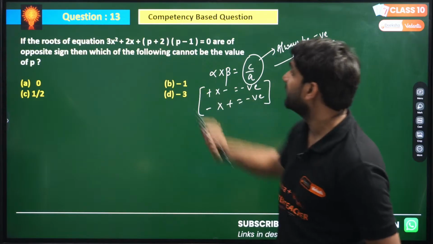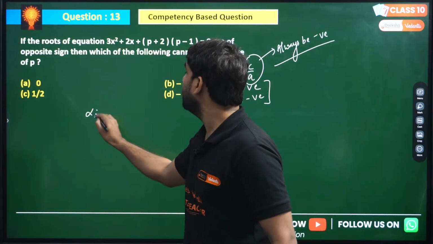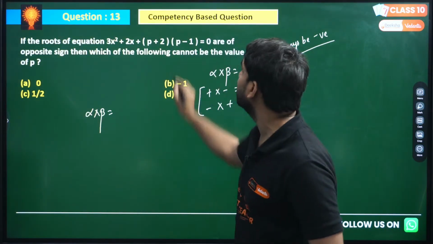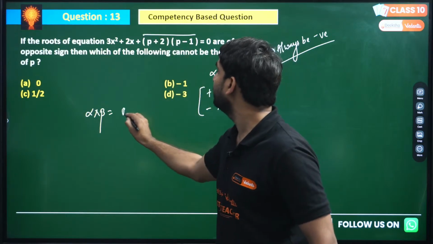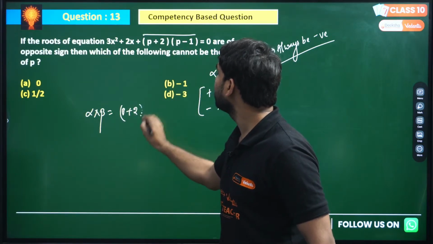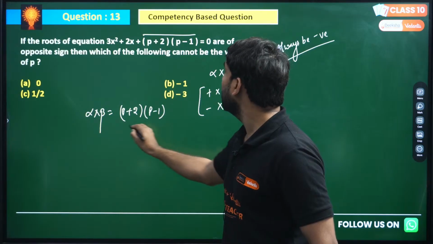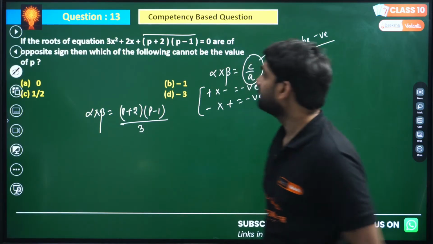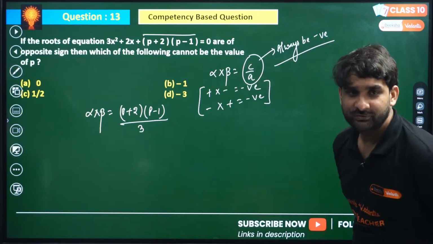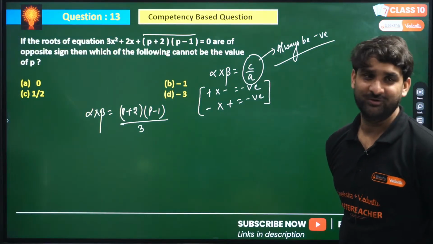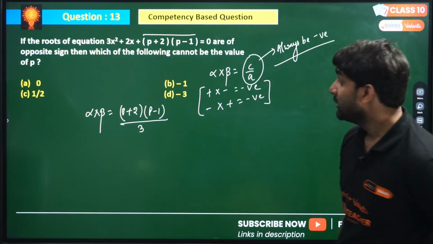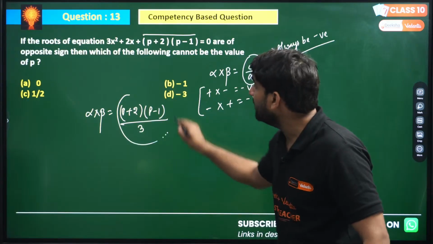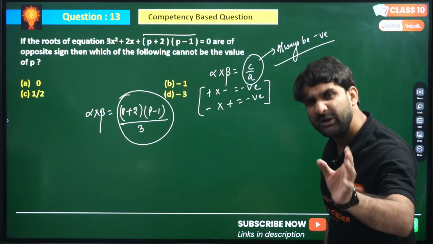Now come to this equation. Here alpha into beta is basically C by A, where C is this whole expression, (p plus 2) into (p minus 1), divided by 3. The product of roots is C by A, the sum of roots is minus B by A, you all know. So this whole expression must always be negative.